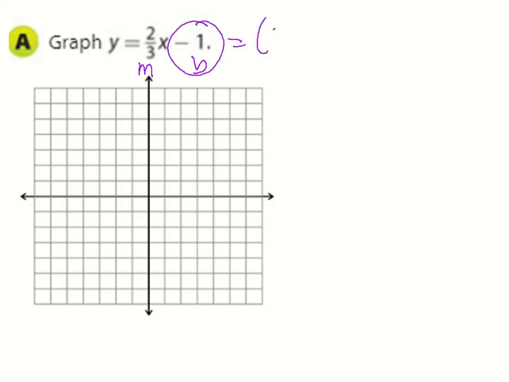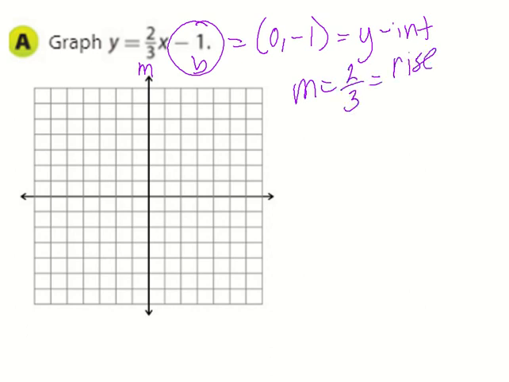And so it's going to start at 0, -1. That's my y-intercept. And remember M being 2/3 is going to be our rise and then our run. So remember those triangles I kept talking about when we first started with slope? This is going to come into play. It's going to be our triangles.